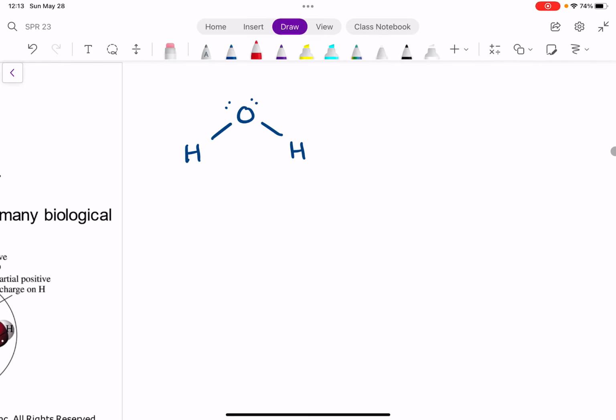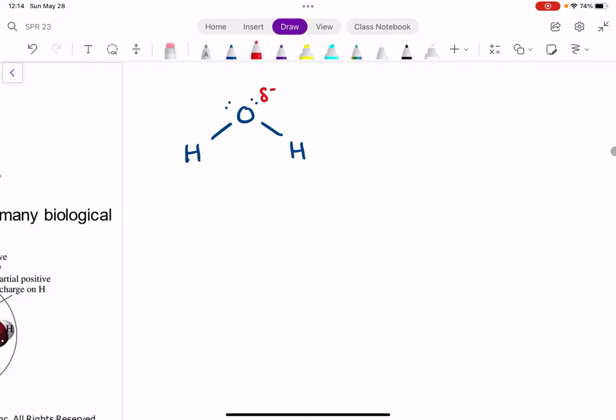It's like, I really, really like these electrons. So what ends up happening is, because it's kind of hogging all the electrons this way towards oxygen, and electrons are negatively charged, that oxygen ends up having a partial negative. Okay, is this ringing a bell?